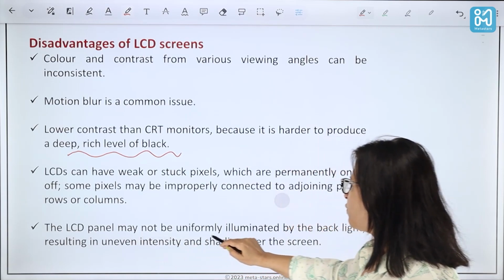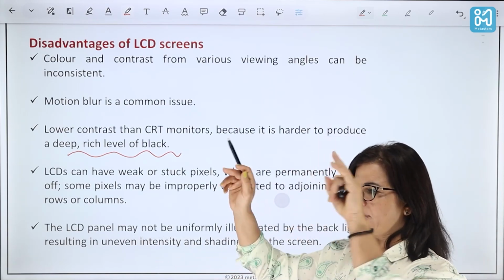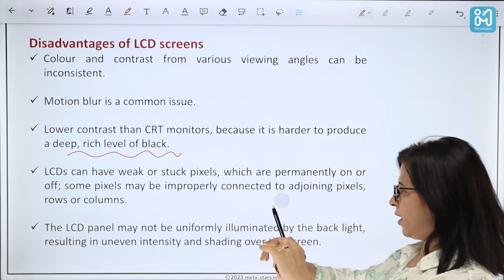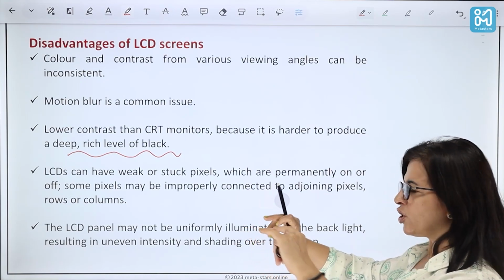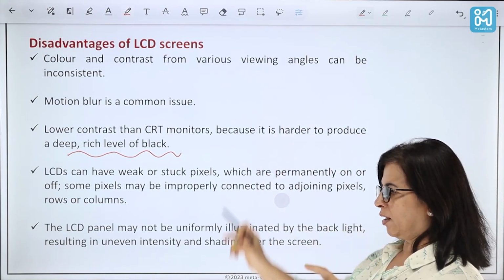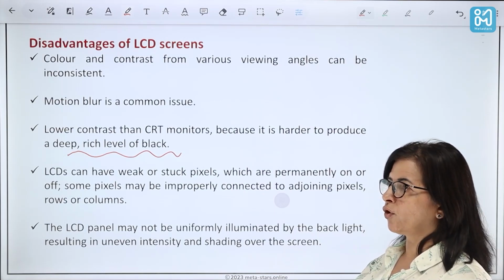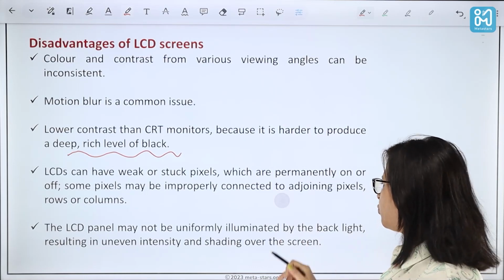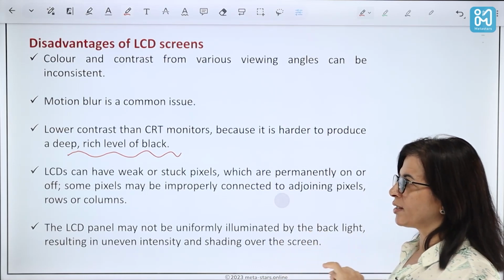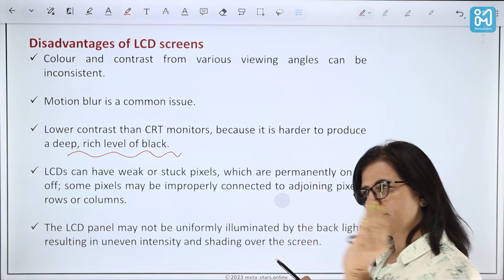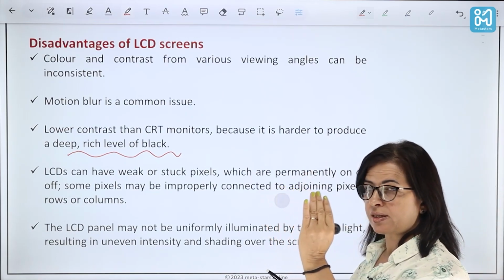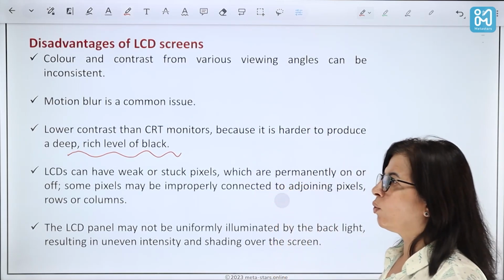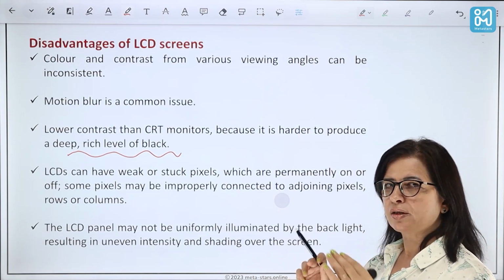The panel may not be uniformly illuminated, which means maybe the grid of LEDs or the fluorescent tube spreads the illumination unequally over all parts, or not all the LEDs have the same illumination. So the colors coming into the pixels or subpixels will not be even, which produces uneven color distribution.